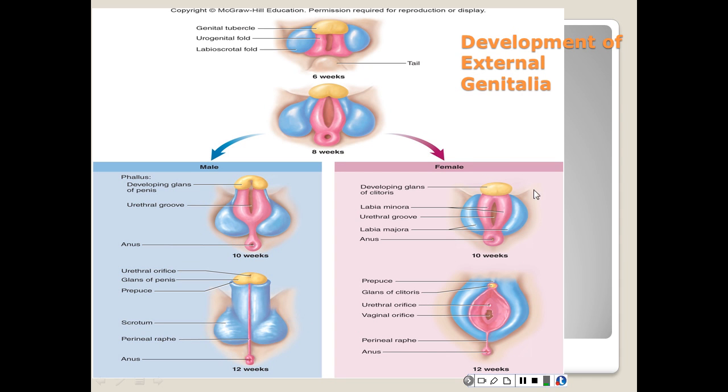And in the females, what do we have here? Similar. Those 3 structures that we talked about earlier, which are right here, the genital tubercle, the urogenital fold, and the labiosacral fold, they're going to form the clitoris. Here it's developing. It's going to form the clitoris, the labia minora, and then the labia majora.